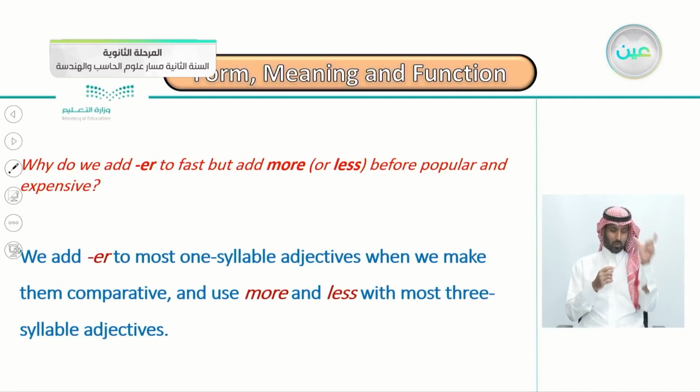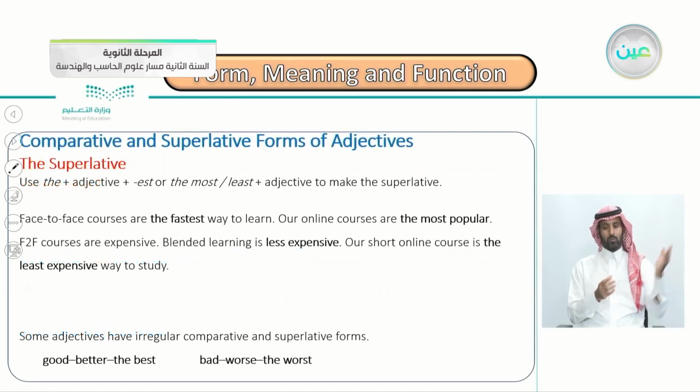So the adjectives that have one syllable, we add er to them when we make them comparative. And we use more and less with most three-syllable adjectives. With most, not all, focus on the word most.